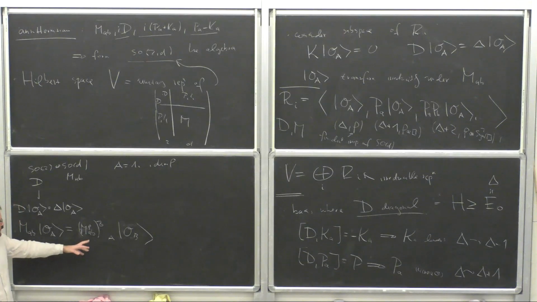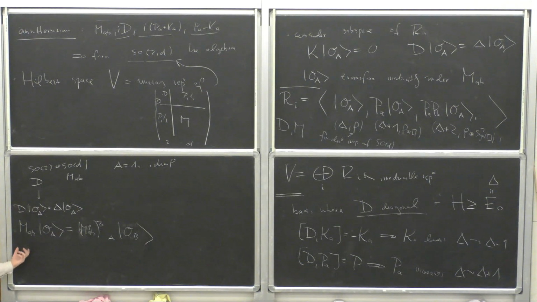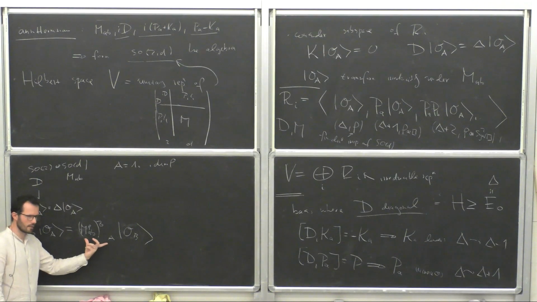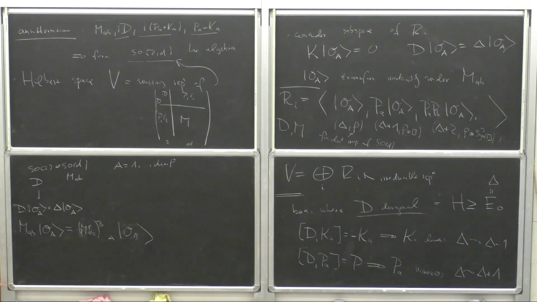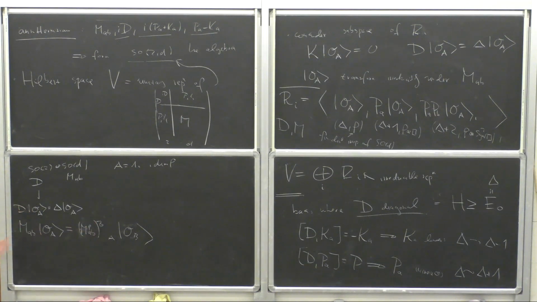So there is some matrix of size dim rho, such that this is the representation of rotations in that particular representation. And for example, for the fundamental, it's just a bunch of Kronecker deltas. It's SO(D) representation theory.